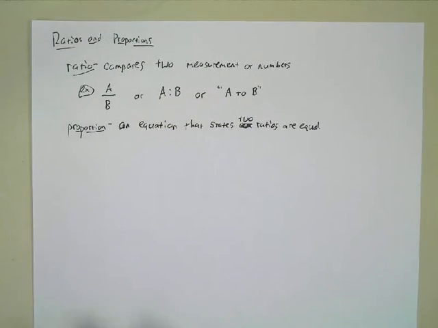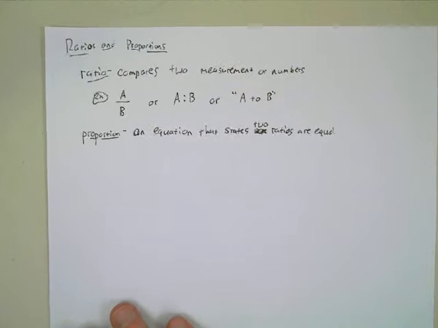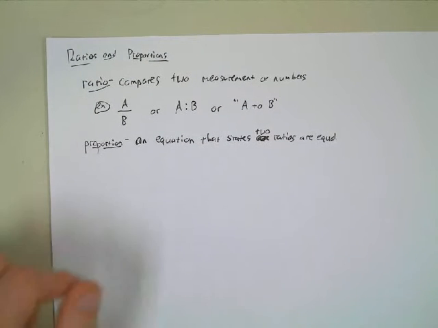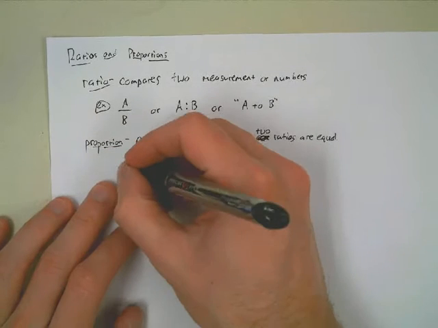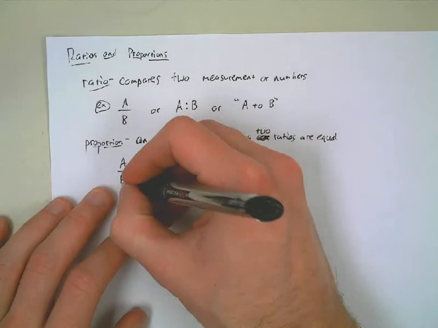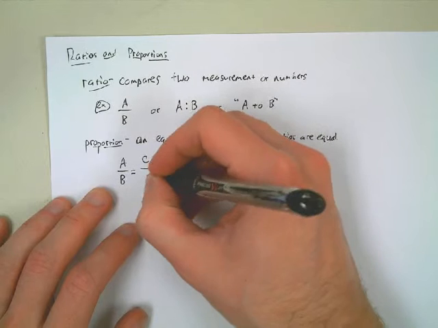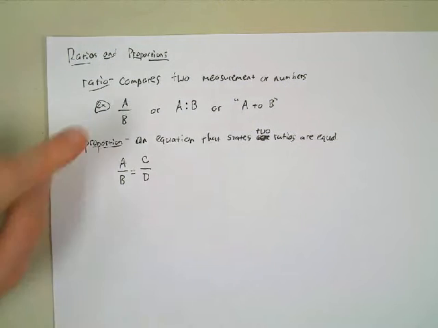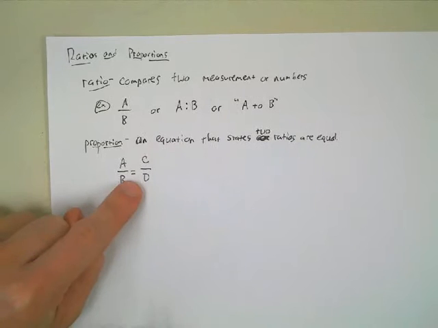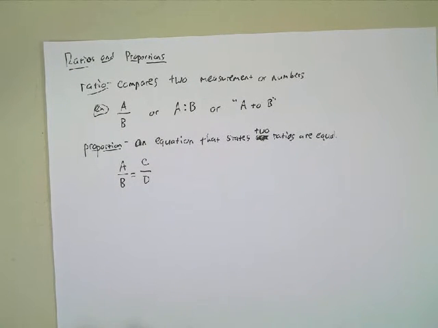All right. So, for example, if we have A over B equals C over D, that is a proportion. Two ratios that are said to be equal. So two ratios are equal.